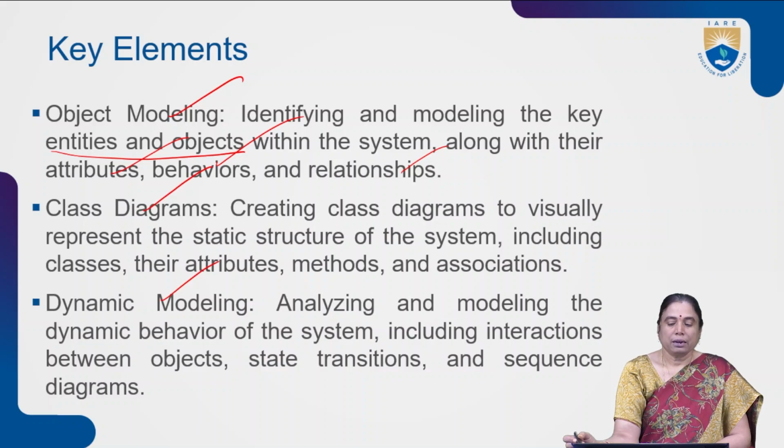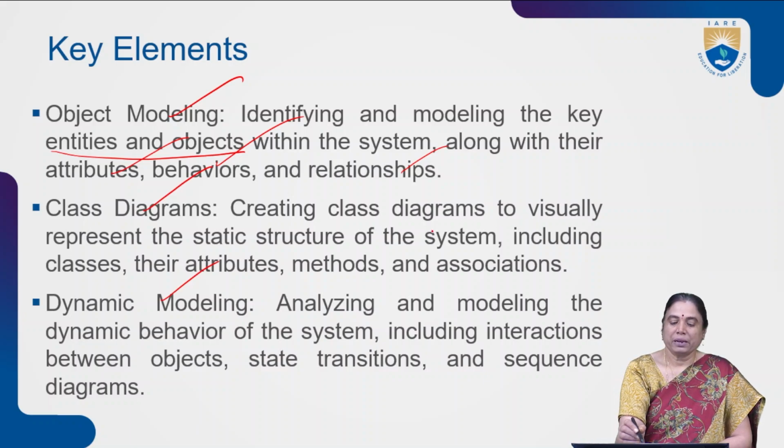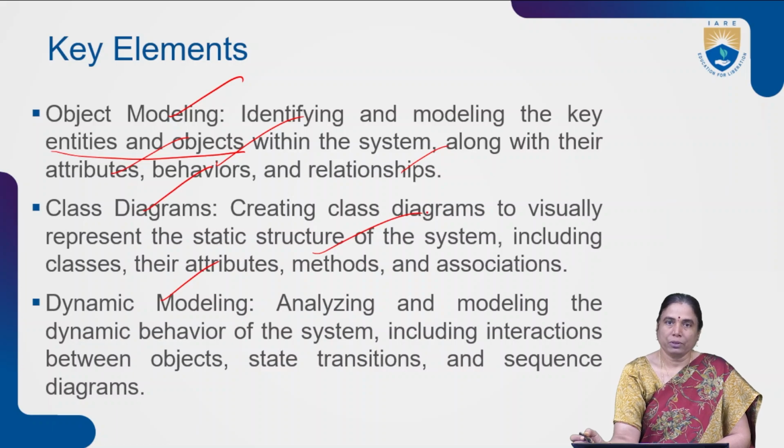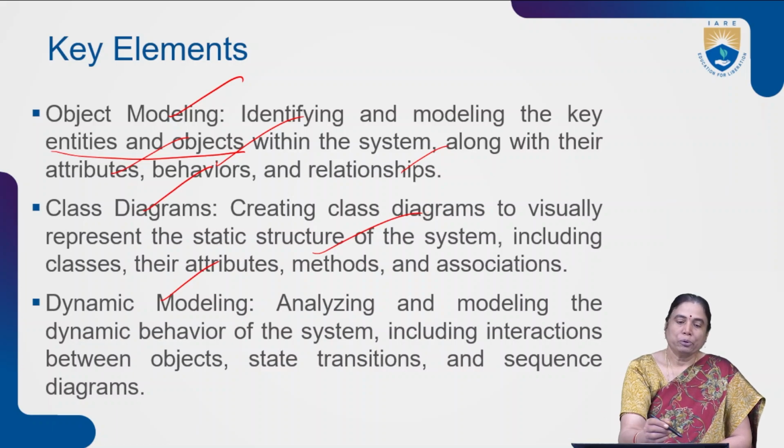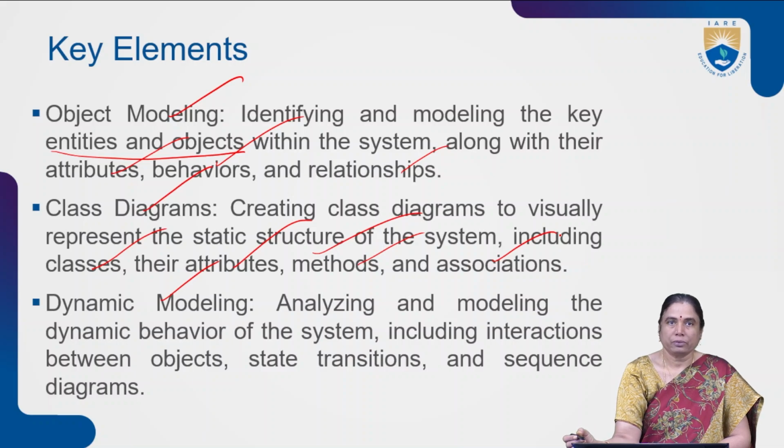The class diagram visually represents the static structure of the system, including classes, their attributes, methods and associations. The dynamic modeling analyzes and models the dynamic behavior of the system during runtime, including interactions between objects, state transitions and sequence diagrams.